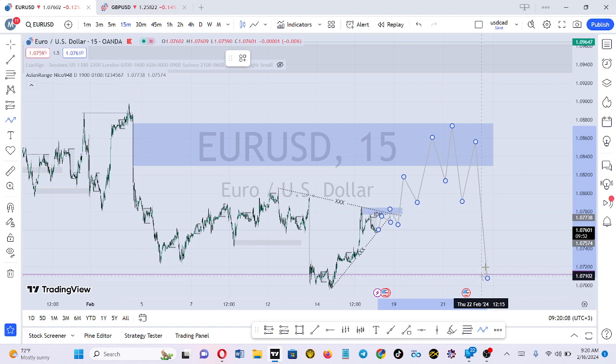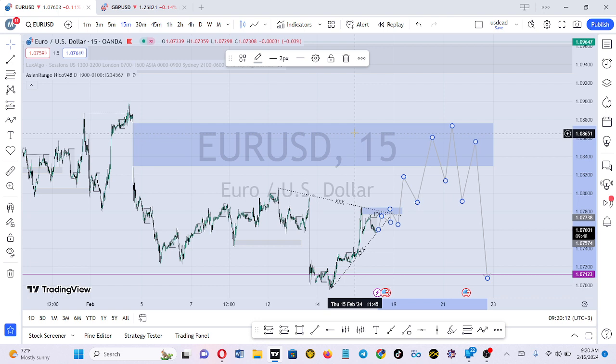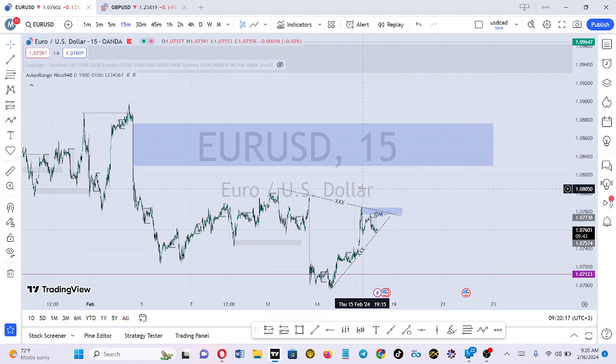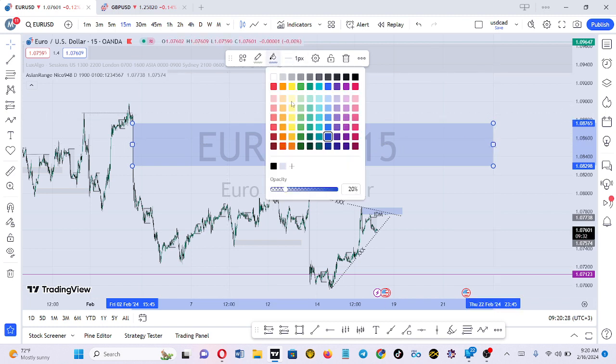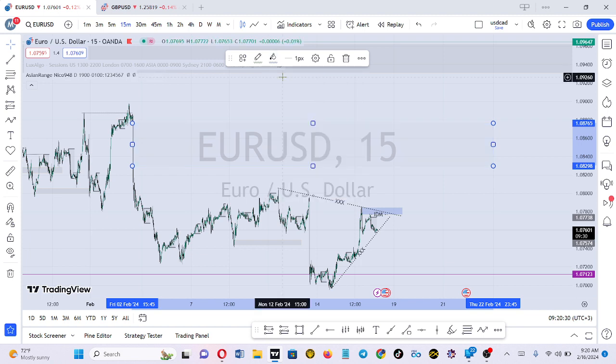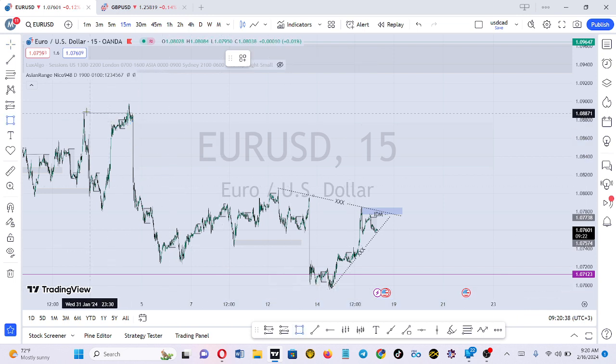But we'll need to be a little bit patient and see what the market makers will do, because we follow them. They are always right. So I'm urging everyone to be careful of these two situations. In this case, after this fair value gap, we could actually sell off from here.